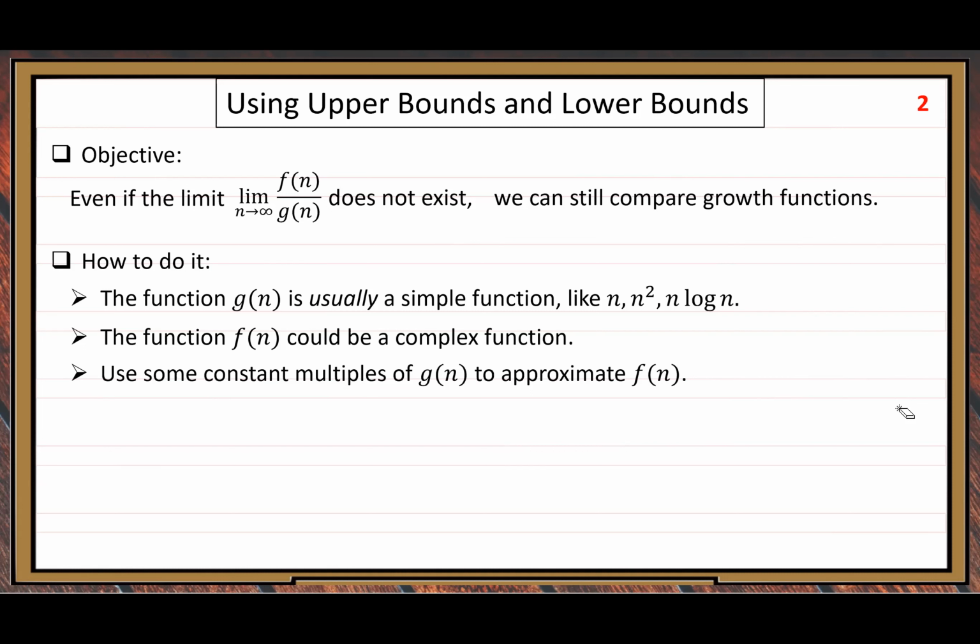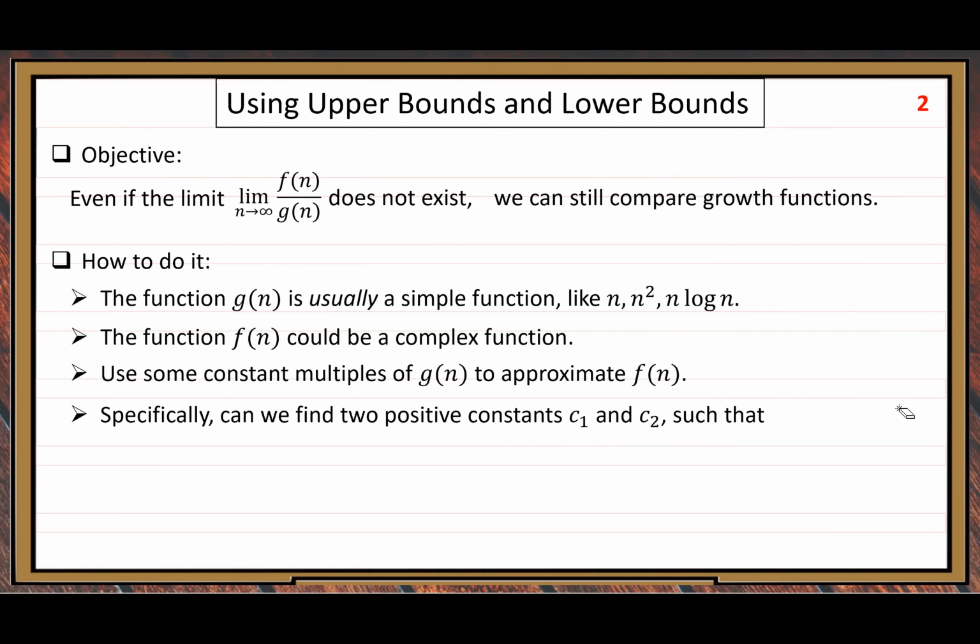F of n is relatively complex and g of n is very simple, but how do we represent a complex function in terms of a simple function? So that's the objective. The way: use constant multiples of g of n.